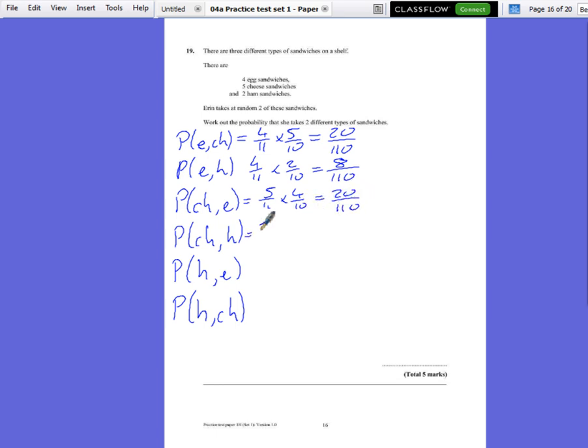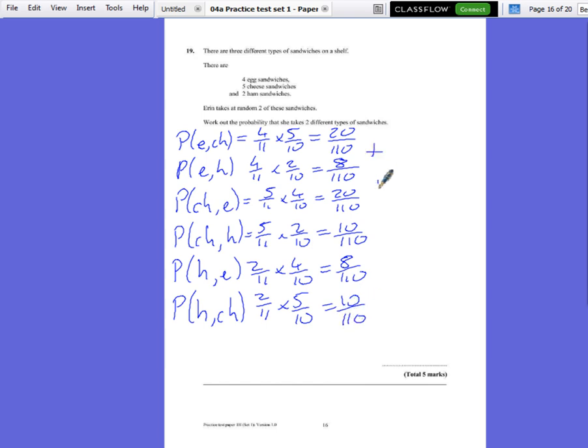This one would be 5 over 11 times 2 over 10, which is 10 over 110. This one is 2 over 11 times 4 over 10, which will give me 8 over 110. And this one would be 2 over 11 times 5 over 10, which will give me 10 over 110.